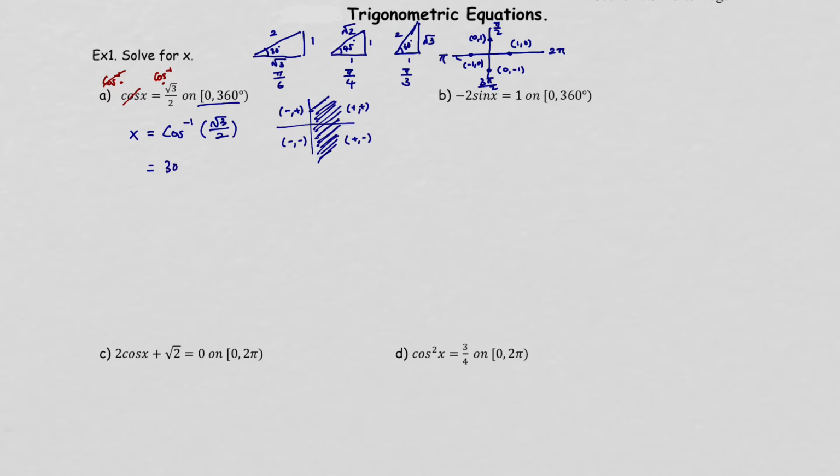So you could say 30 degrees in first quadrant or 30 degrees in fourth quadrant. That's your x values. 30 degrees in first quadrant will be just 30 degrees. 30 degrees in fourth quadrant, you do 360 minus 30. So you get 330 degrees.